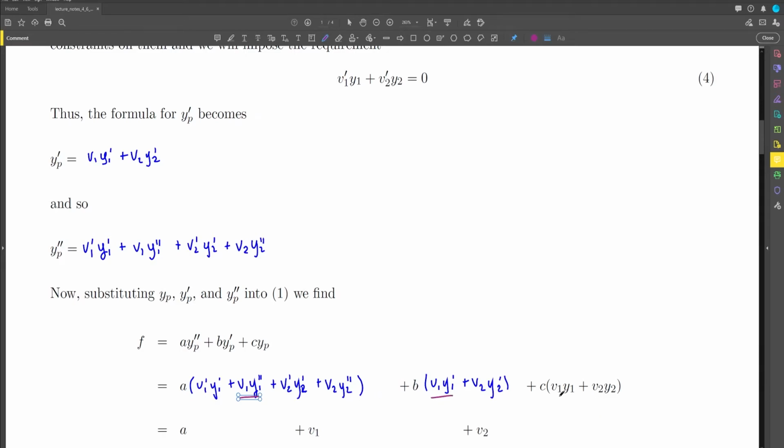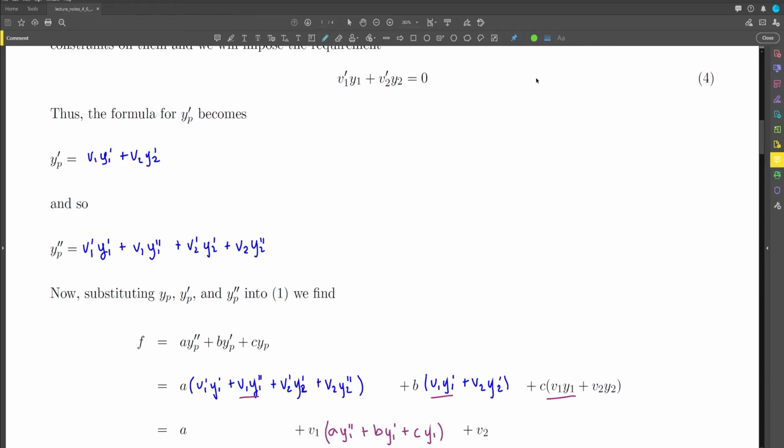I have a v1 here, and I have a v1 here. So when I factor that out, I have an a that distributes here. So I have a times y1 double prime plus b times y1 prime plus c times y1, right? And that takes care of all the terms with a v1.